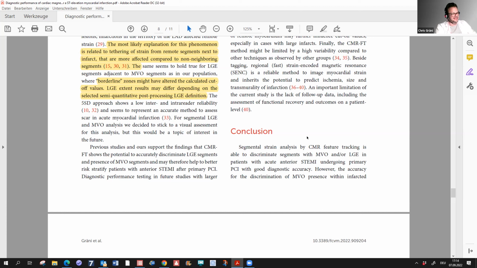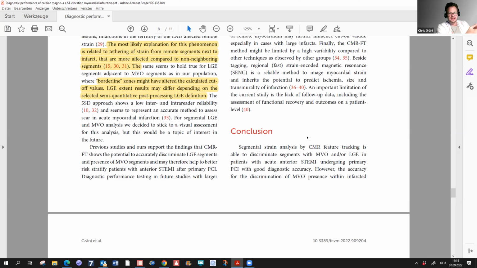But as you mentioned, your critical question about the specificity, I think it's still too low, and maybe we need to go a bit deeper into segmental strain. Maybe we should also apply layer strain. I would be very interested to see what happens when we look at endomyocardial strain, mid-myocardial strain, epicardial strain, and maybe also the gradient over that.